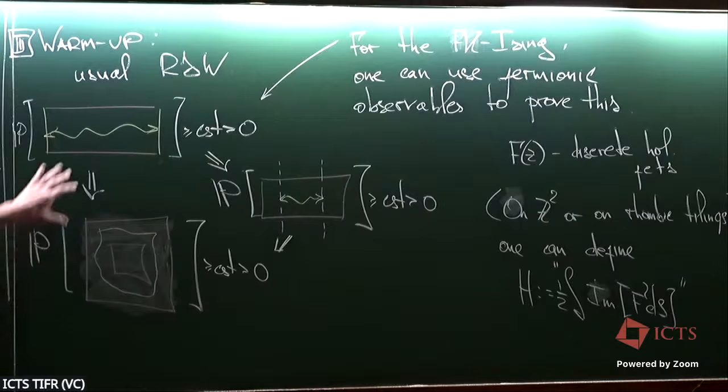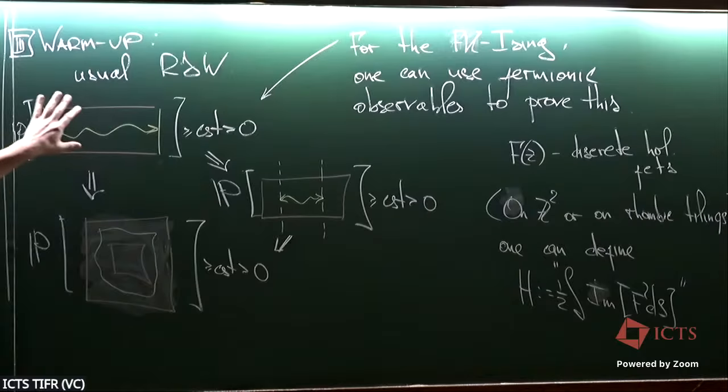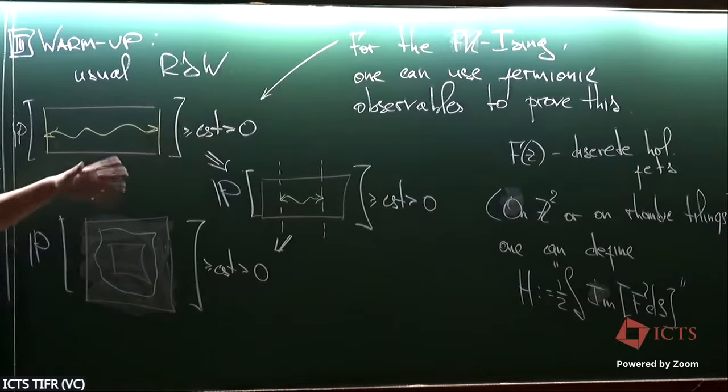And then the proof of this statement goes by contradiction. I will not be showing you this machinery, but you say, assume that there is a sequence of rectangles along which this probability becomes very small.